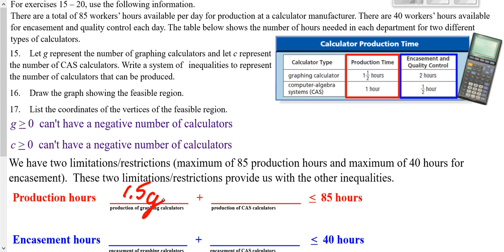Then I add in my computer algebra, which is 1 for each computer algebra, so it's 1 times C. As I look over here at the blue, for quality control, I'm going to have 2 for each graphing, so it's going to be 2 times each graphing, and then a half or 0.5 for each computer one. So when we write that out, we get this here.